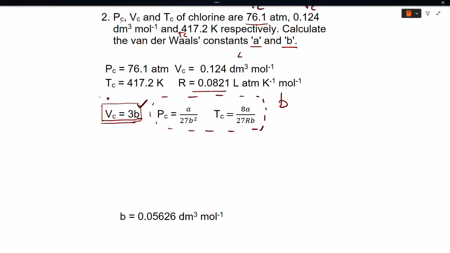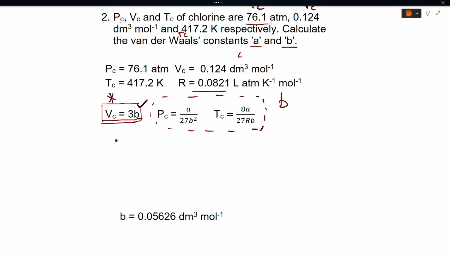So, please note that we will not be using this to calculate B. We will be using these two relations to find the value of B, because it gives a more exact value when solved from these two equations.